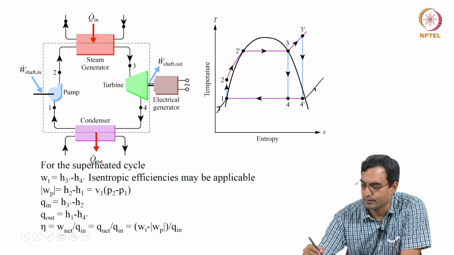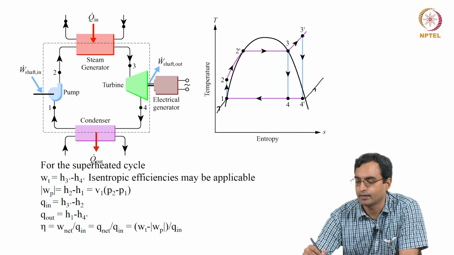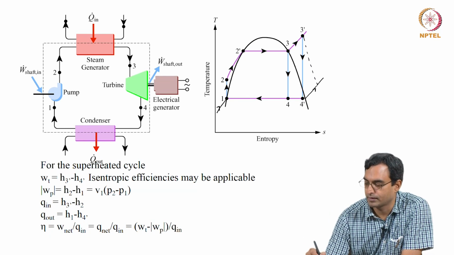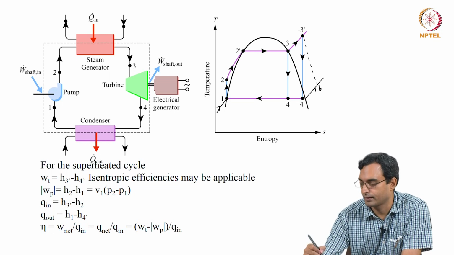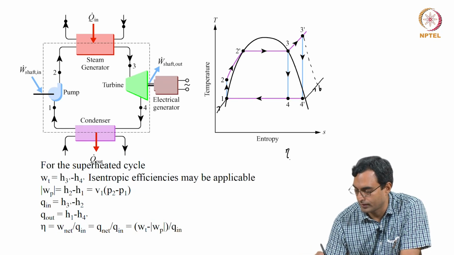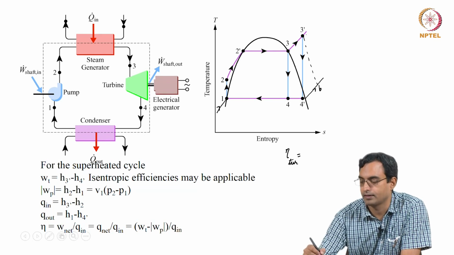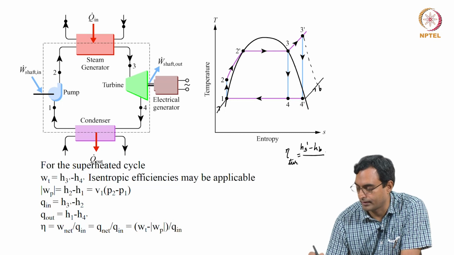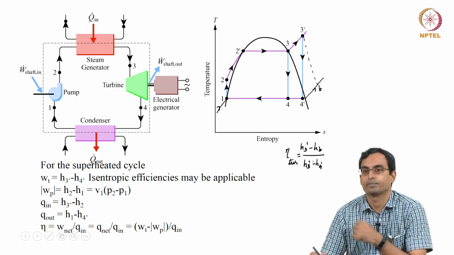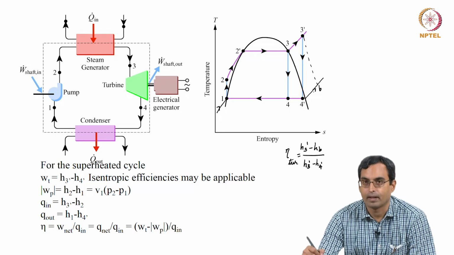If this was not an isentropic process, we would start at the same point, we would reach the same final pressure, but we would reach some other temperature, maybe some point B. We saw that the isentropic efficiency for the expansion process, or the turbine, is defined as the actual work which you can get, which is linked to the change in enthalpies, divided by whatever you would get if it was an isentropic process. So, that may be applicable to find out the real work.